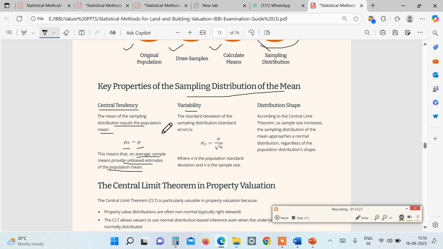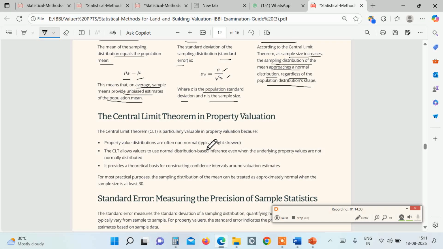The standard deviation of the sampling distribution, or standard error, sigma x bar is equal to sigma divided by square root of n, where sigma is the population standard deviation and n is the sample size. Then distribution shape. According to the central limit theorem, as the sample size increases, the sampling distribution of these means approaches a normal distribution, regardless of population distribution shape.